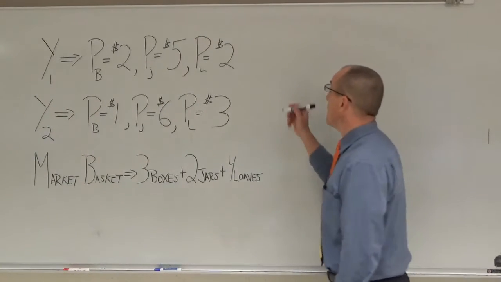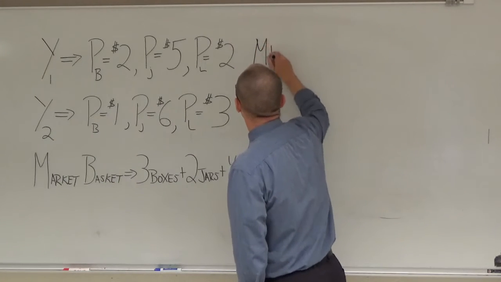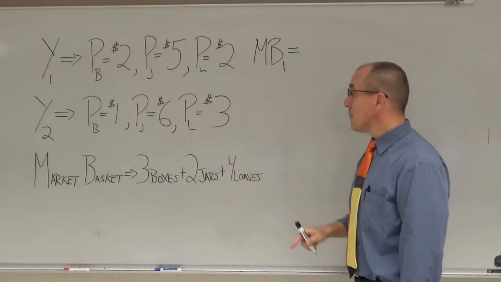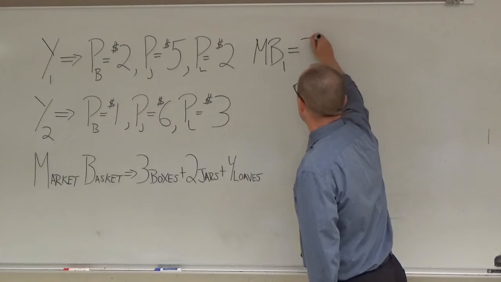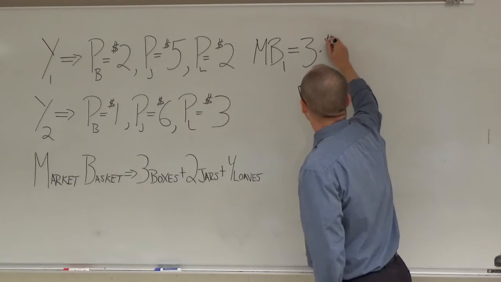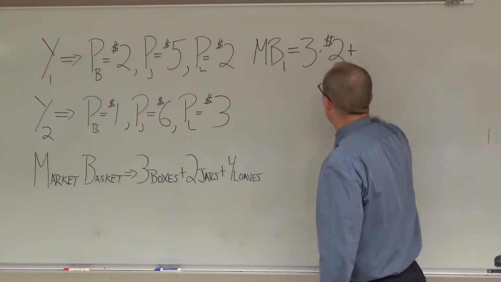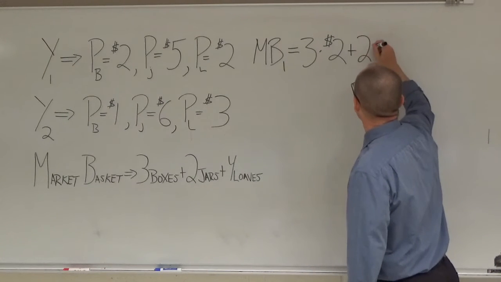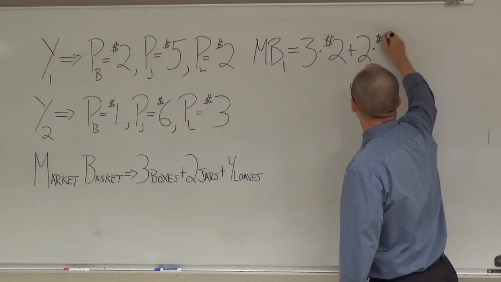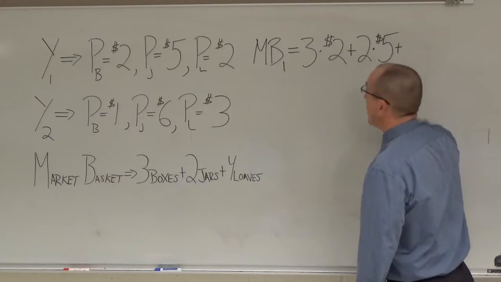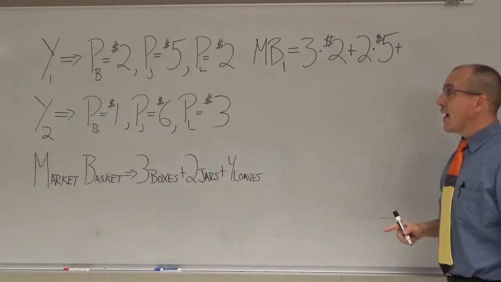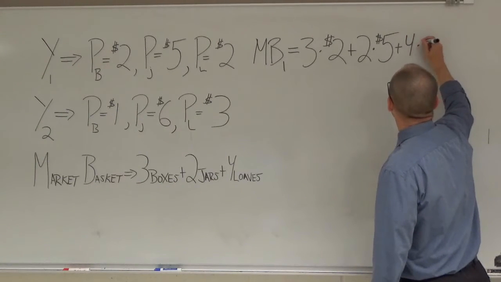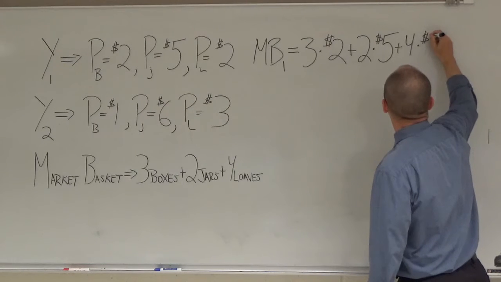So for year one, our market basket would be 3 boxes of spaghetti times $2, so 3 times 2, plus 2 jars at $5 a pop, so 2 times $5, plus 4 loaves of garlic bread at $2 each, 4 times 2.